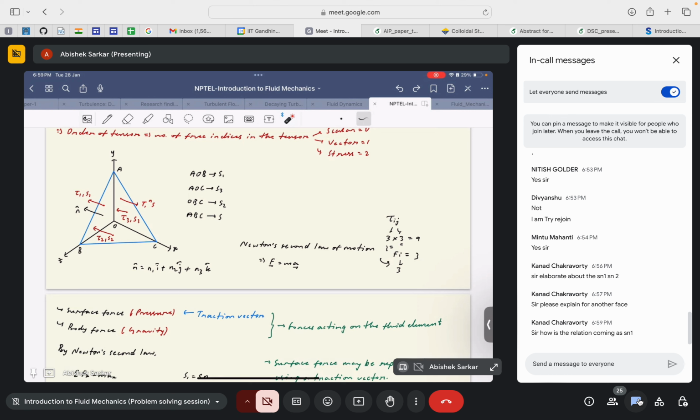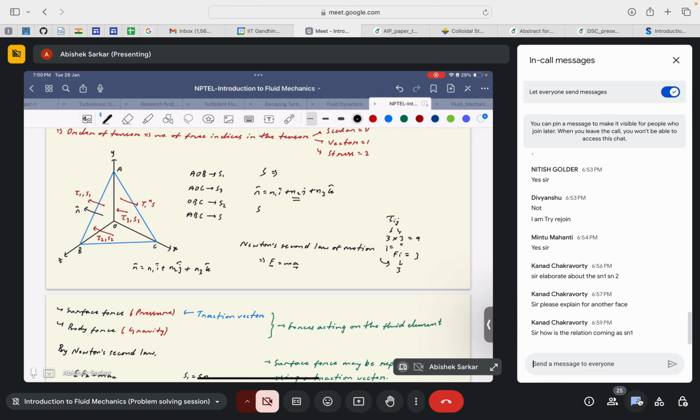Say you want to find the component of the surface S along this particular direction, the n2 direction.